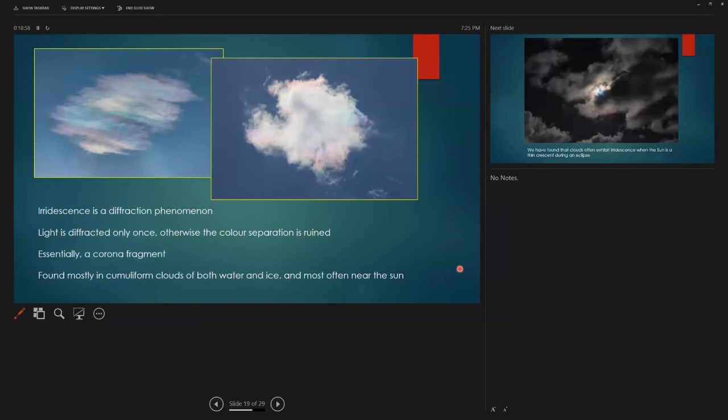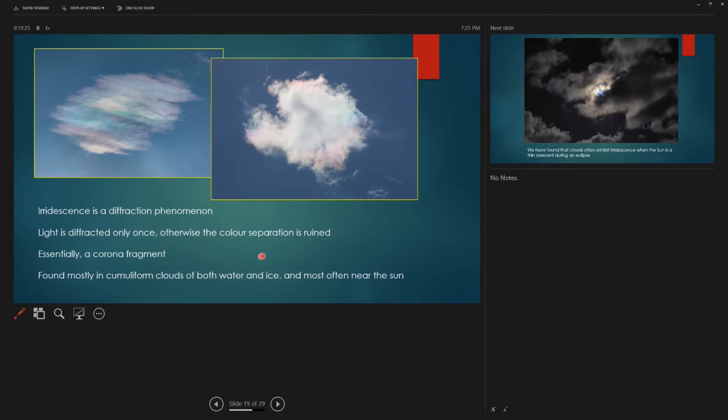Iridescence in cloud is very common, another diffraction phenomenon. The interesting thing about this is that if the light beam is diffracted twice, the color separation begins to get mixed up and disappears. So you'll usually only find corona on the edges, thin edges of a cloud where the light's only diffracted once, or in thin clouds where it can do the whole thing.